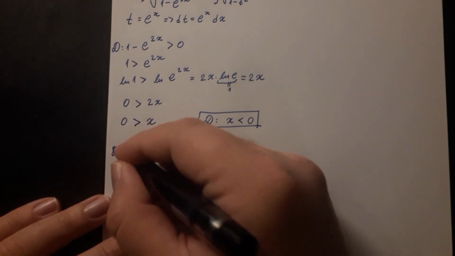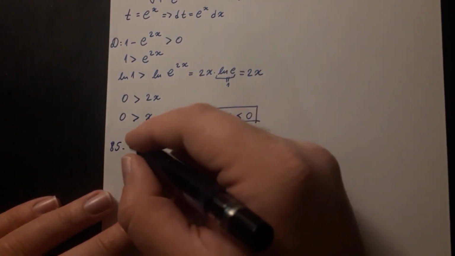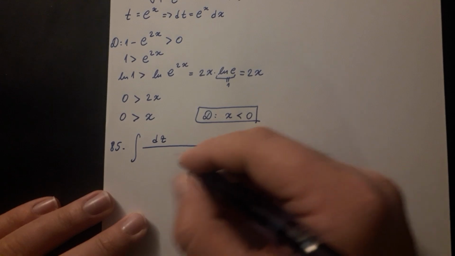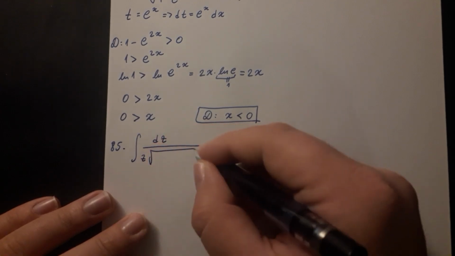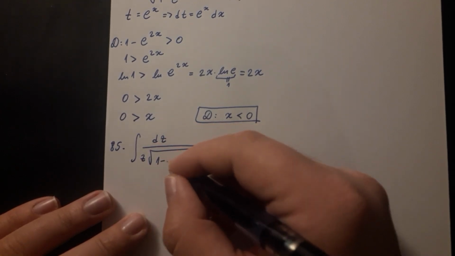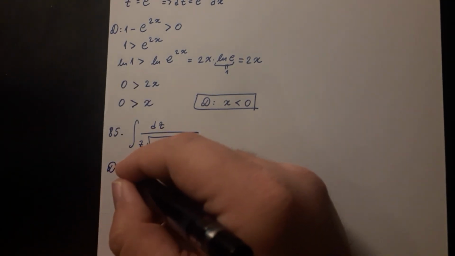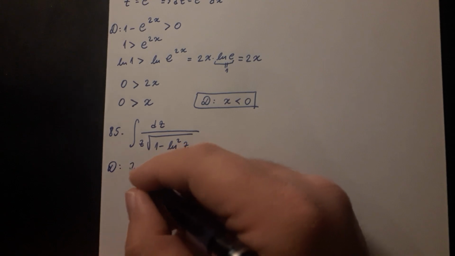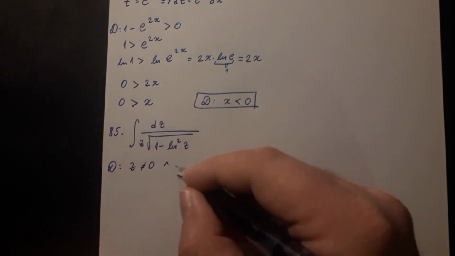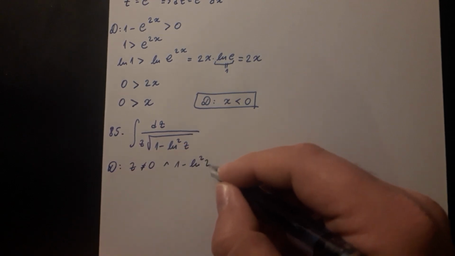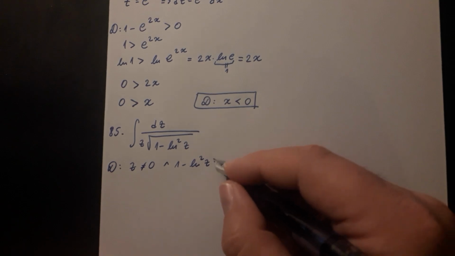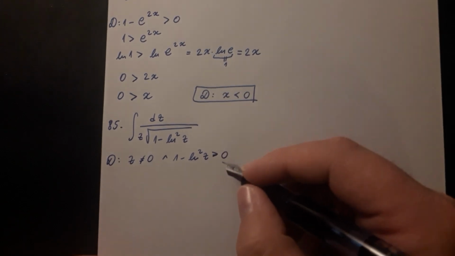Integral number 85 on our list is an integral of dz divided by z times a square root of 1 minus ln squared of z. The area in which this integral is defined is for all z's different than 0, and 1 minus ln squared of z has to be strictly larger than 0.